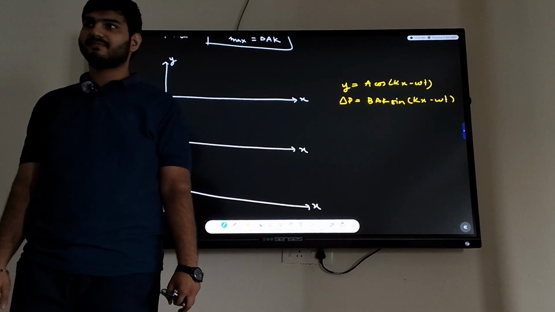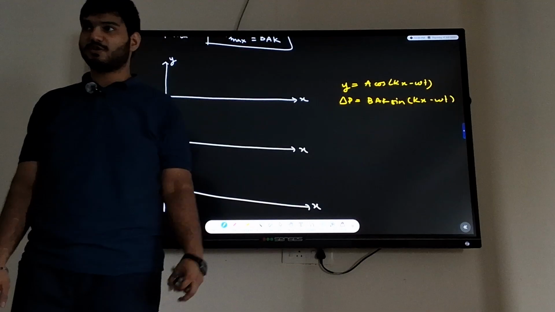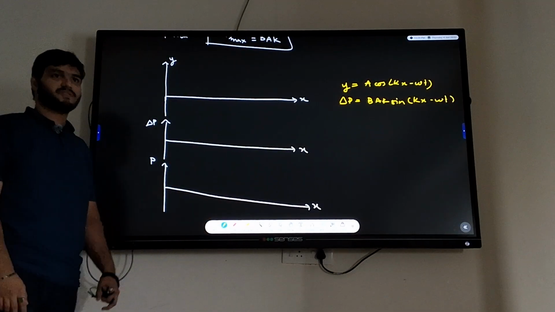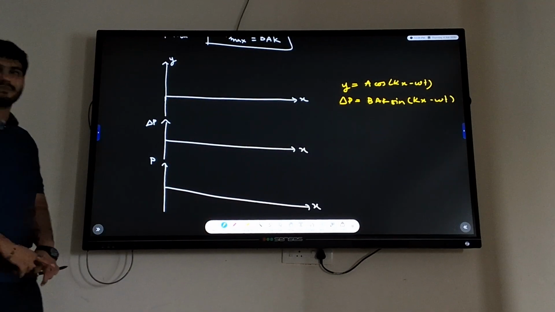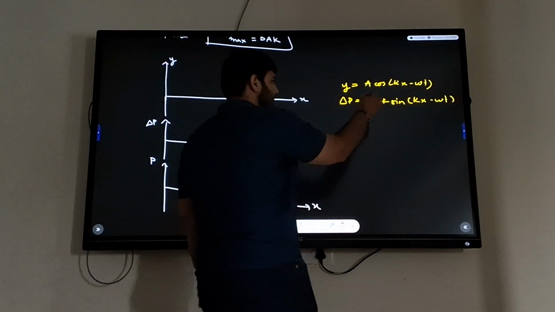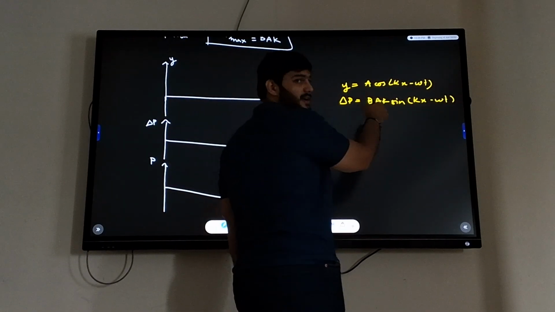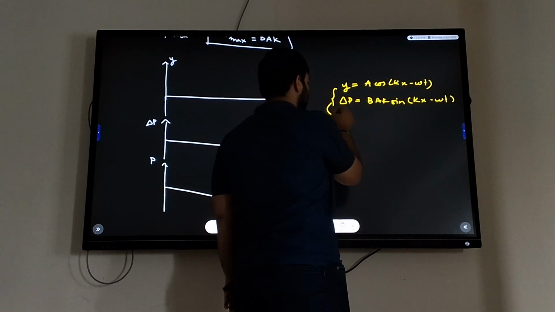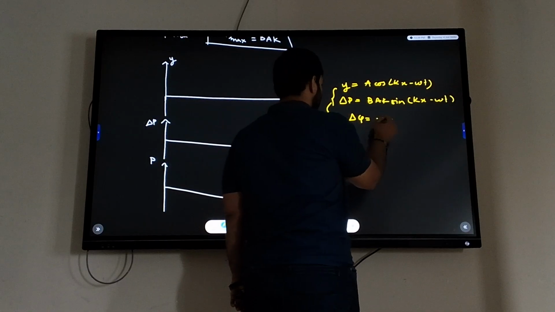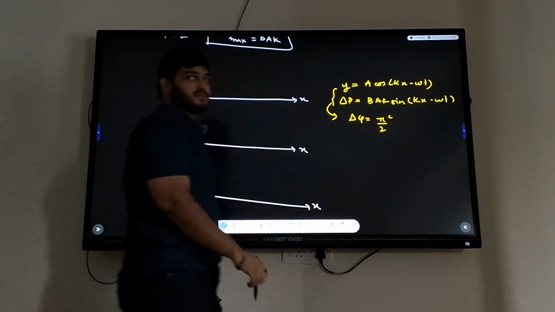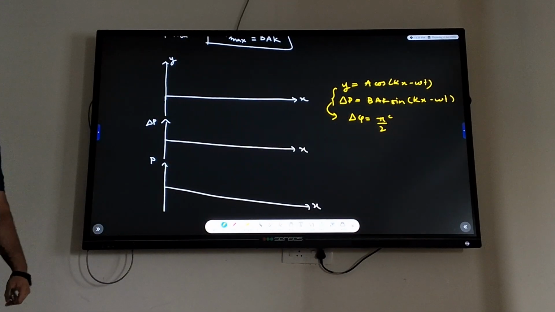Pi. Should be pi by 2. What is the phase difference between these two waves? Pi by 2. So they have the same k and omega. The amplitudes are different and the phase difference is pi by 2 radians. Yes or no? So this was such a simple observation to make.